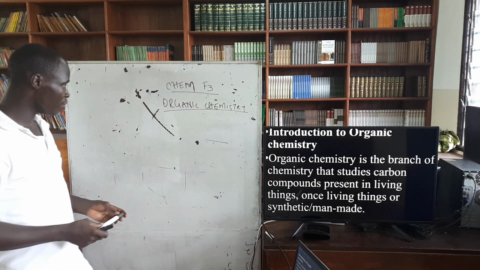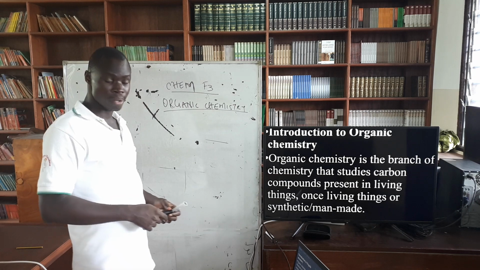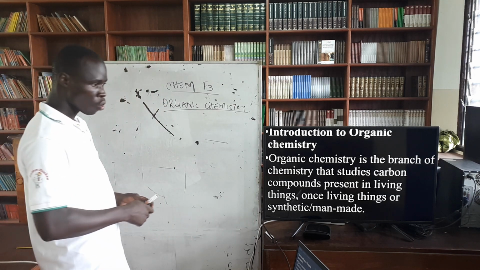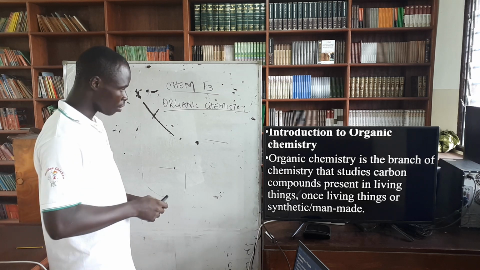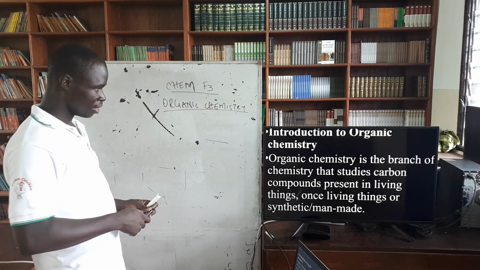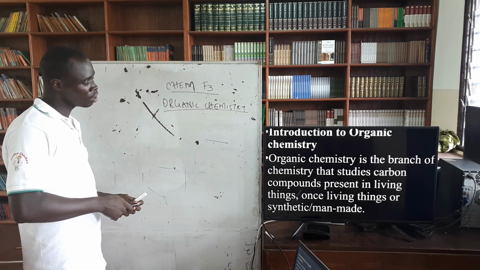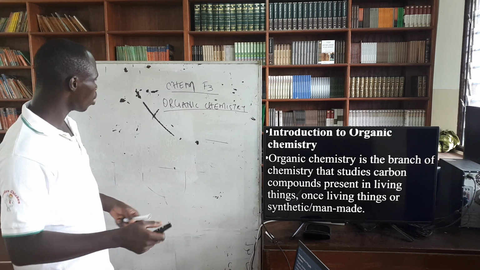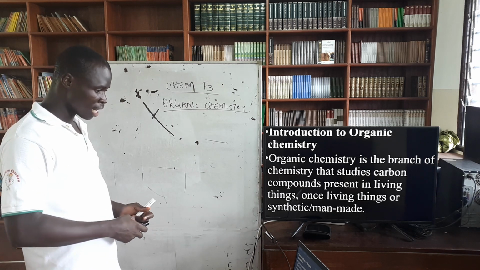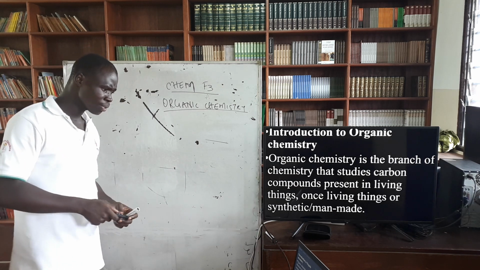At the same time, we have man-made, or we call them synthetic, substances which also contain carbon. For example, plastic contains a type of carbon compound that we call polyvinyl chloride. So we want to study more of them.